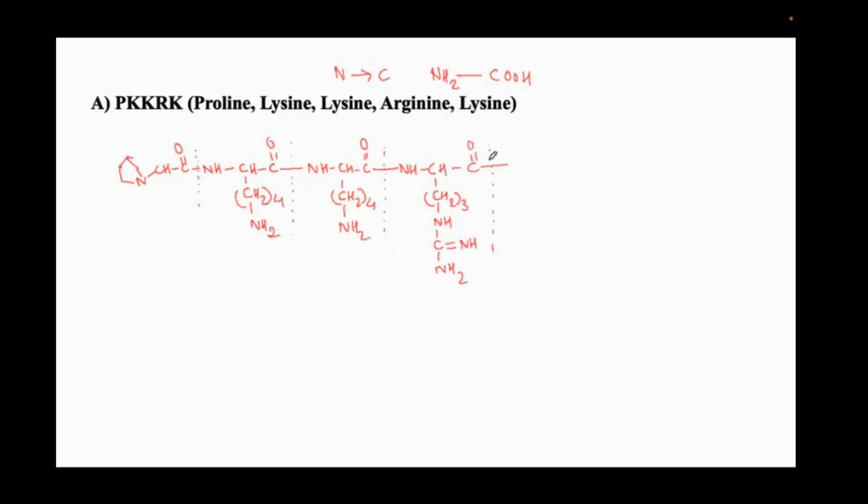And finally, we have lysine again. This is the carboxyl end of the peptide. So this is the structure of the first option: proline, lysine, lysine, arginine, lysine.